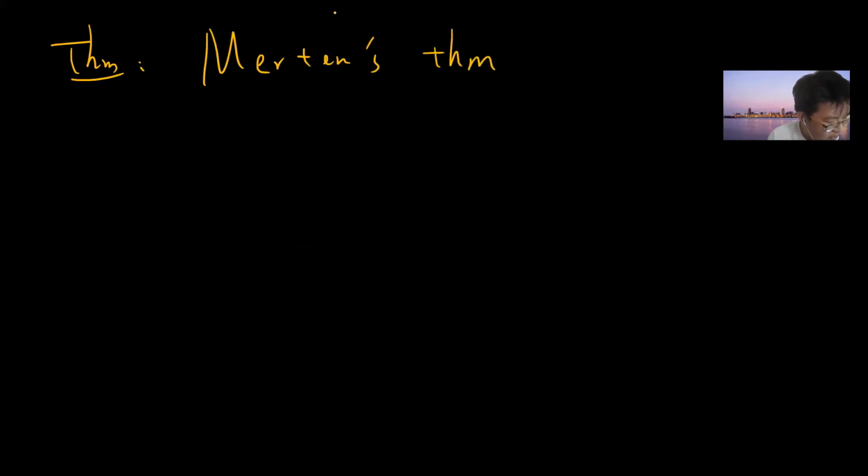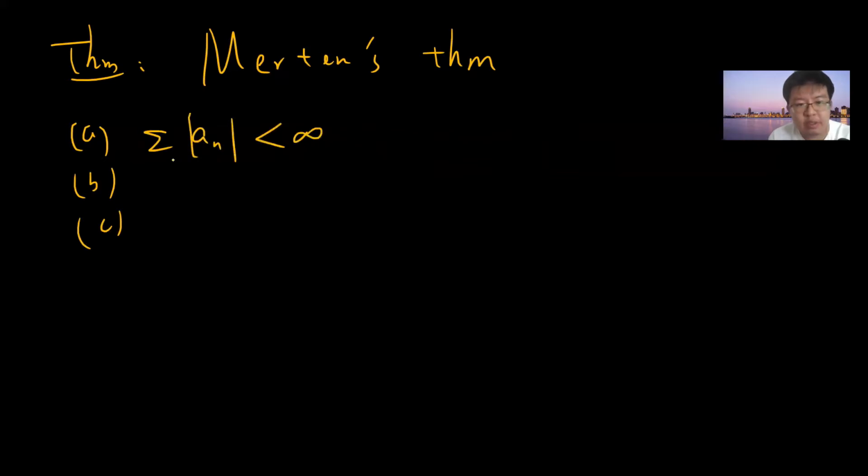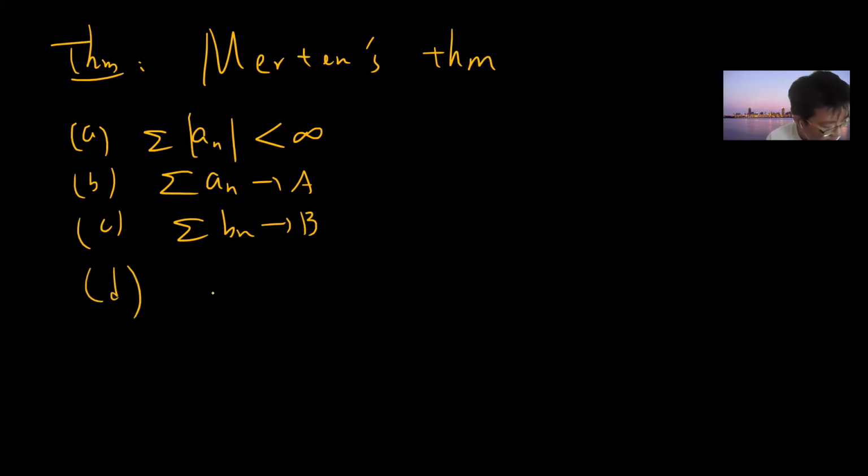Merten's theorem says the following: suppose the sum of An converges absolutely, and let's say An converges to A, and also Bn converges to B. Then define small cn to be the sum of Ak Bn minus k, k from 0 to n.